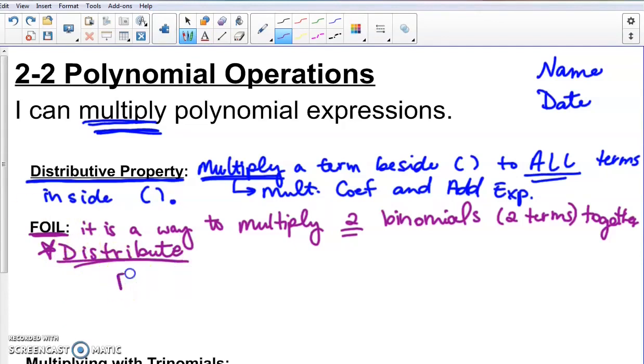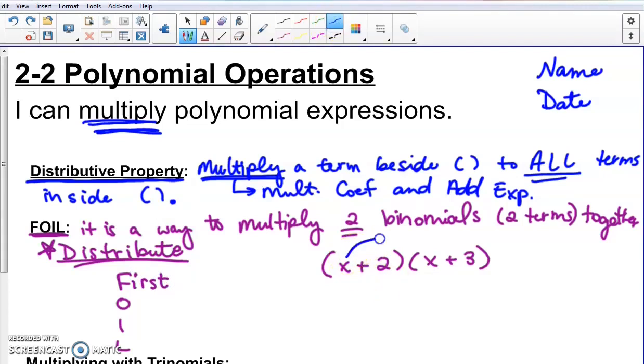So FOIL stands for the pattern we're going to use to multiply two binomials together. So I'm going to write out to the side here. If we have x plus 2 times x plus 3. The F in FOIL stands for the first terms. Oh, not fist, first. There we go. First terms of each parenthesis. So first in each parenthesis, I have x times x.